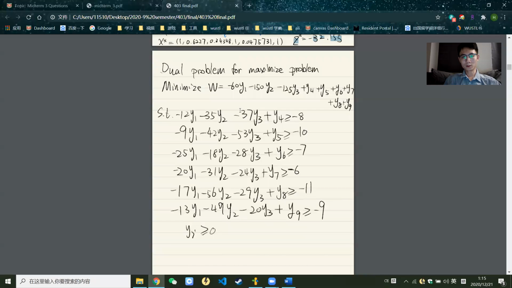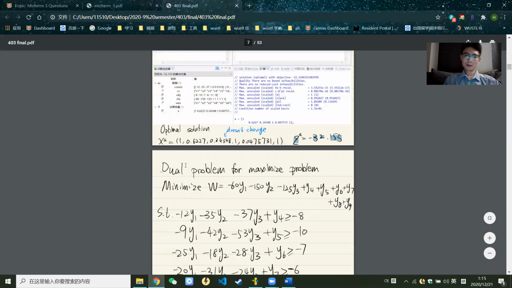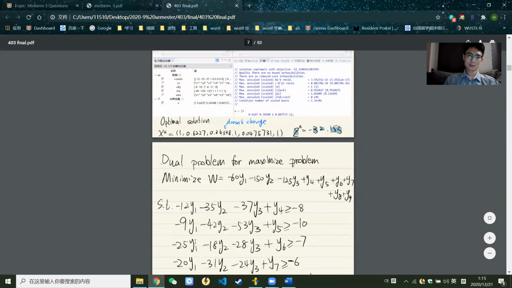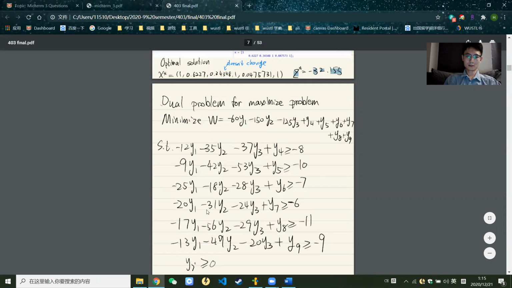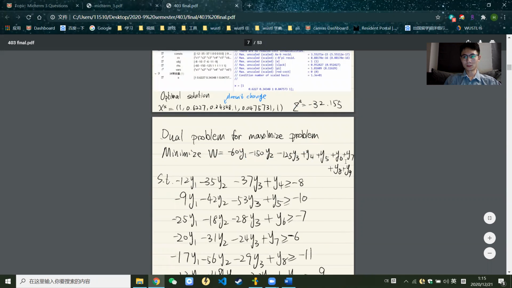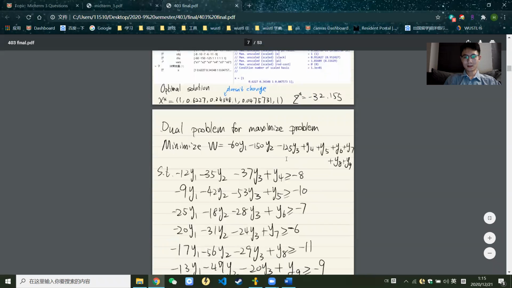for the dual problem of the maximize problem, make the maximize into minimize. Here are the original primal constraint coefficients like 12, 9, 25, and here are the original right-hand sides, 3 right-hand sides, and these are the right-hand sides too, because it's smaller or equal than 1, right?